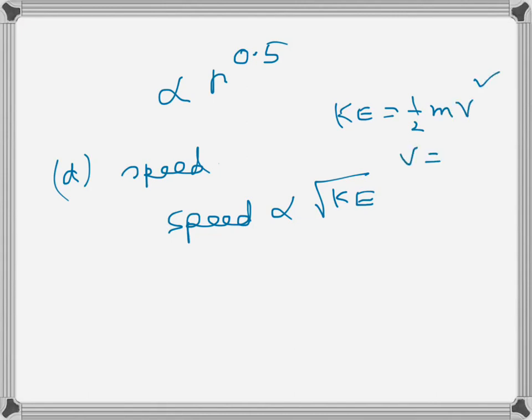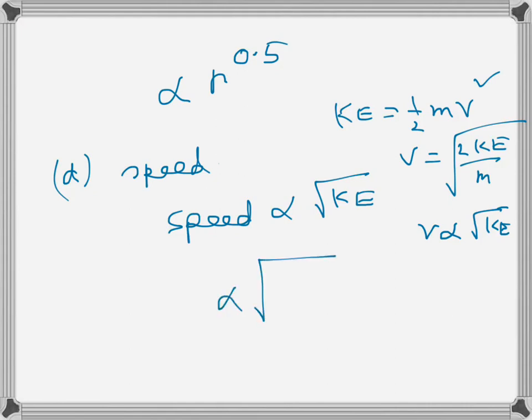So v is equal to the square root of 2 kinetic energy over m. That's how we can relate kinetic energy with velocity. When 2 and m are constants, velocity is proportional to the square root of kinetic energy. So that we are writing.